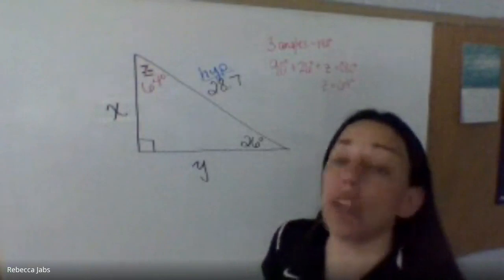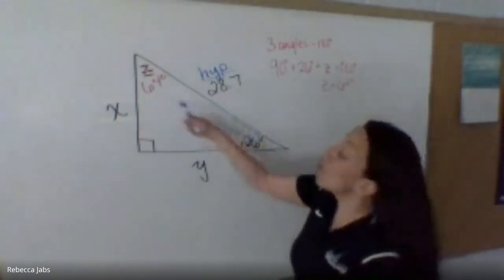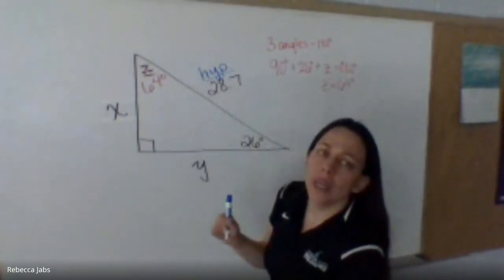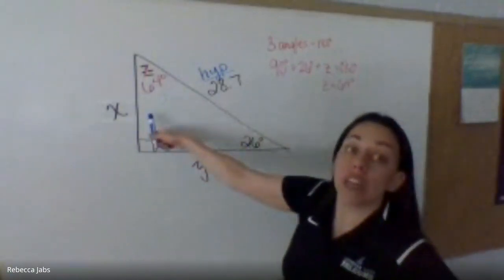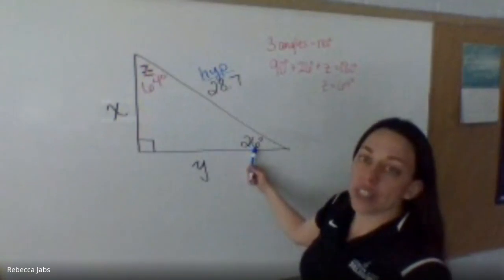Now, if we want to, we could still use this angle of 26 degrees. Or since I figured out 64, I could use 64. But because I want to show you how we could have done this before we figured out 64, I'm going to use my original number of 26.